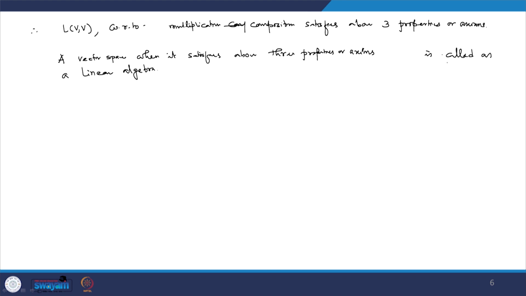Okay, so let me conclude. What have we learned here? We have seen what a linear operator is, and similar to L(V,W), L(V,V) is also a vector space. If the dimension of the vector space V is finite, say n, the dimension of L(V,V) is n square.